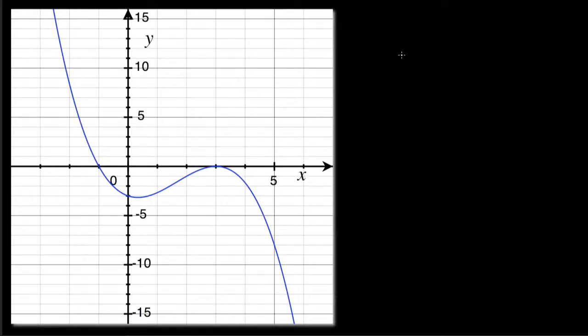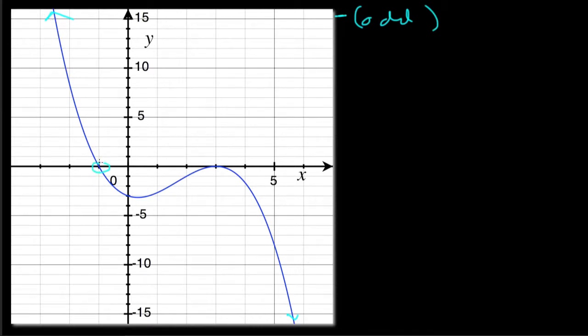So the last example involves going backwards, and your job here is to find some function from this graph. We're going to look at the exact same things we did in the previous graphs, but in the opposite order. My end behaviors, up on the left side and down on the right side, which means I'm expecting some sort of an odd power function, but with a negative in front of it, because it's up on the left side and down on the right side.